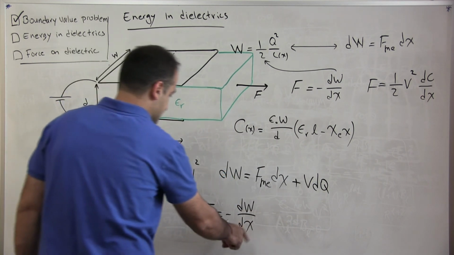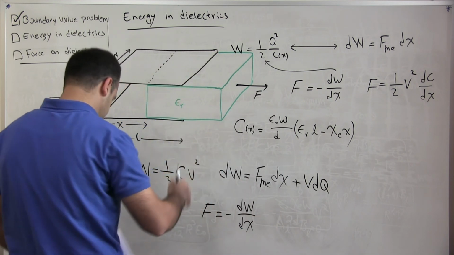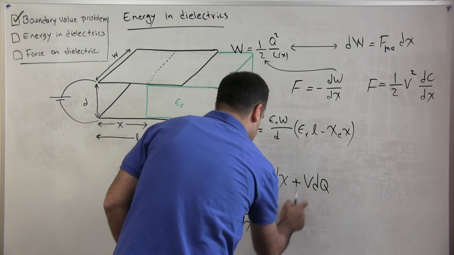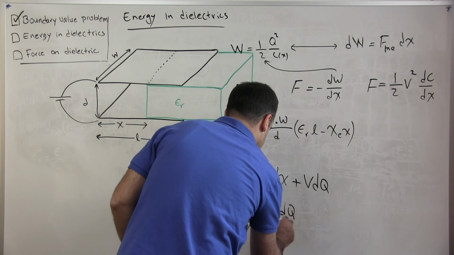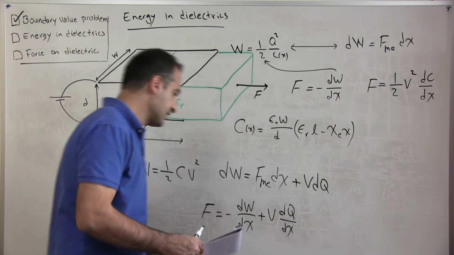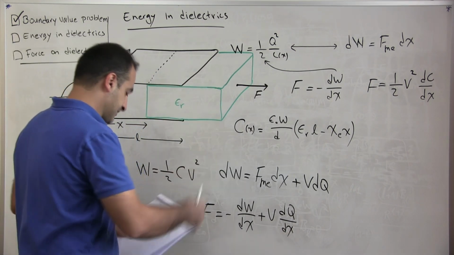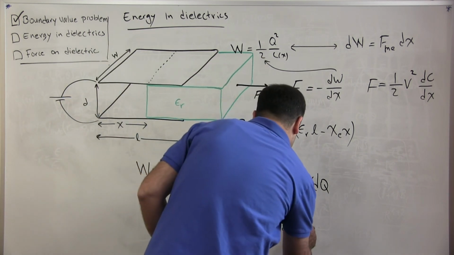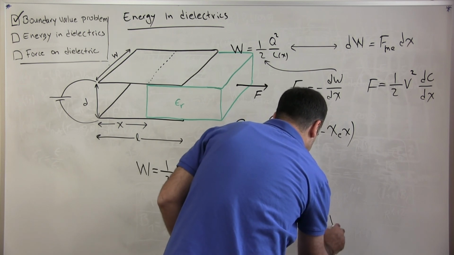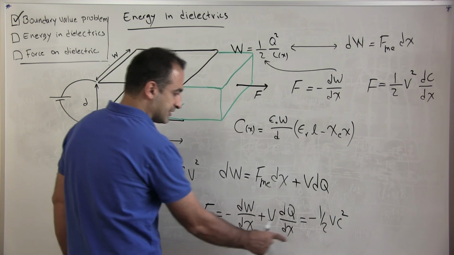So this is the change in the energy of the capacitor as the slab is moving, plus, the potential being constant, dq over dx times V. And this is how much work is done by the battery as we move the slab. If you combine these two, the first term is going to give us a negative 1/2 V squared dC/dx, the term we had.